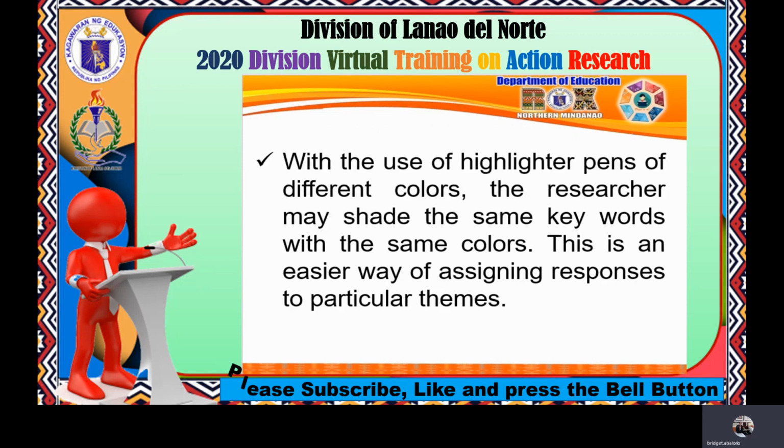With the use of highlighter pens of different colors, maybe Stabilo or crayons, the researcher may shade the same keywords with the same colors. For example, if the responses of student 1 and student 10 have the same theme or category, you can highlight them in the same color. This is an easier way of assigning responses to particular themes.